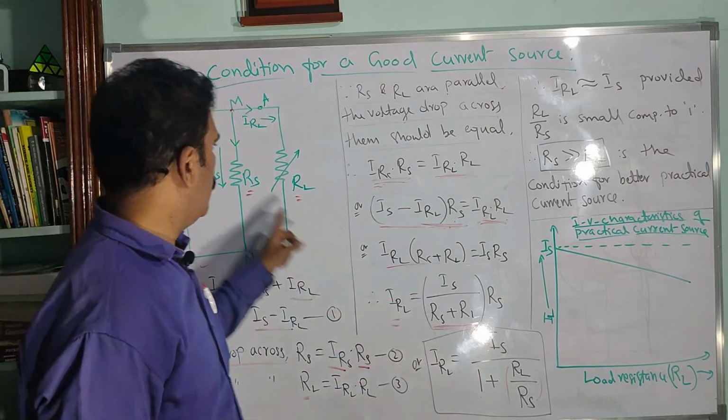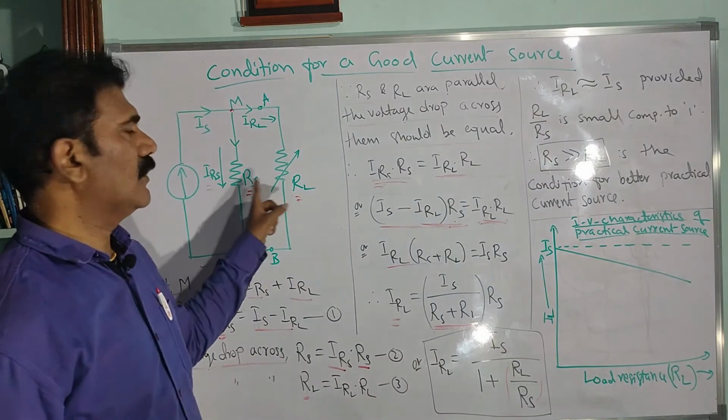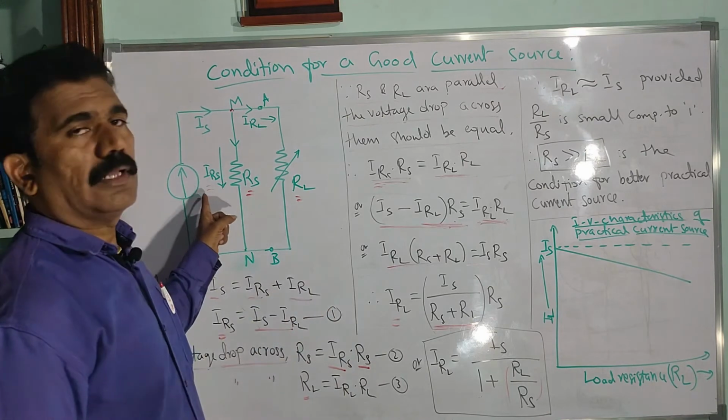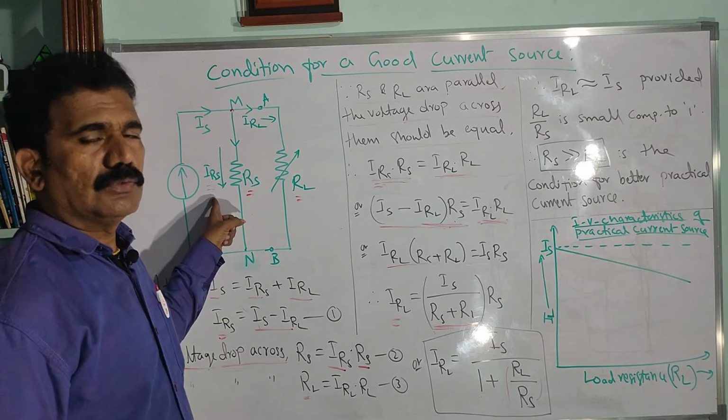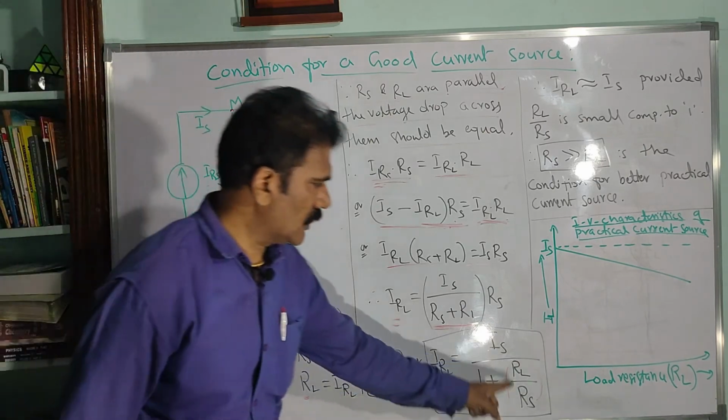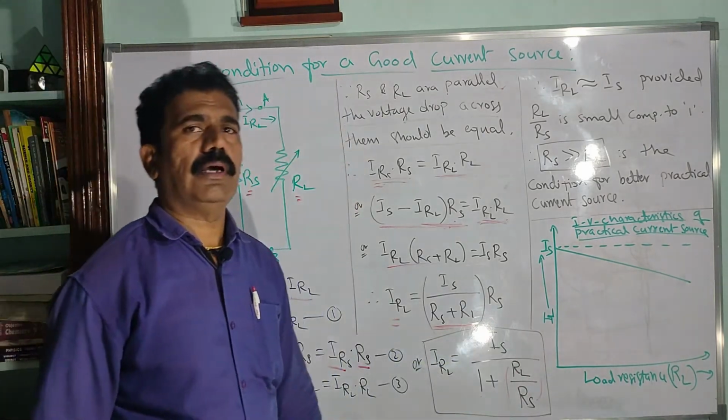By adjusting the values of RL and RS only, it is possible to improve the given source, I mean the current source. How is it possible? Just look at the ratio RL by RS.